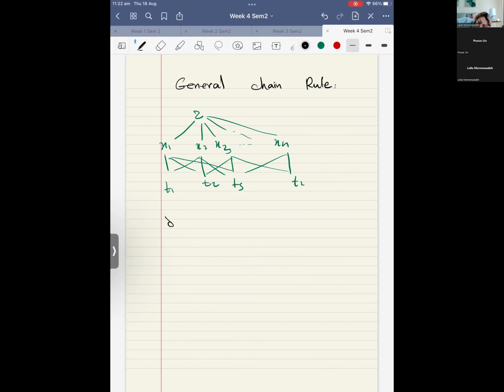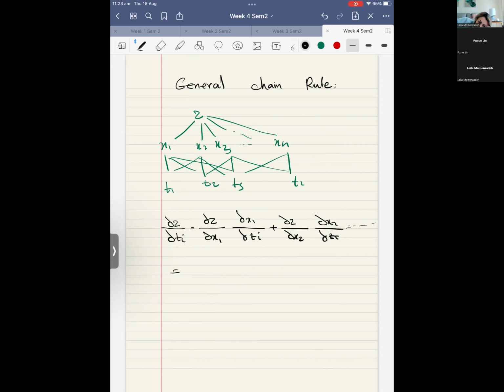It means that ∂z/∂ti is equal to ∂z/∂x1 ∂x1/∂ti plus ∂z/∂x2 ∂x2/∂ti plus, and so on.